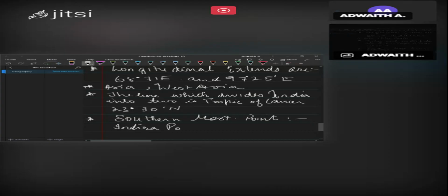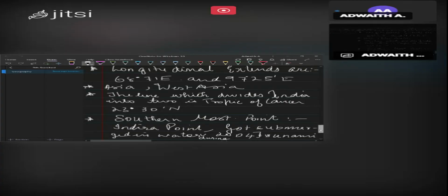It got submerged in water in 2004 during the tsunami, right? Yeah, tsunami.